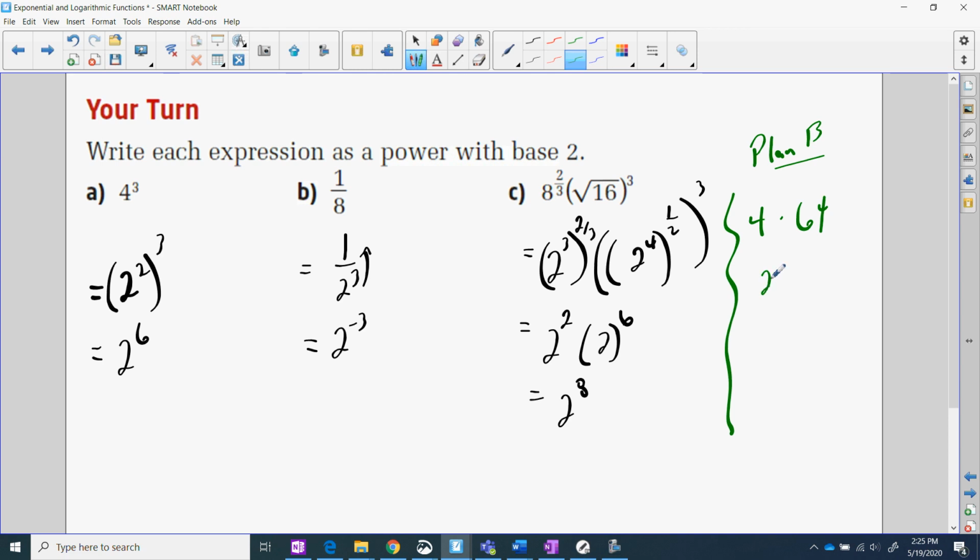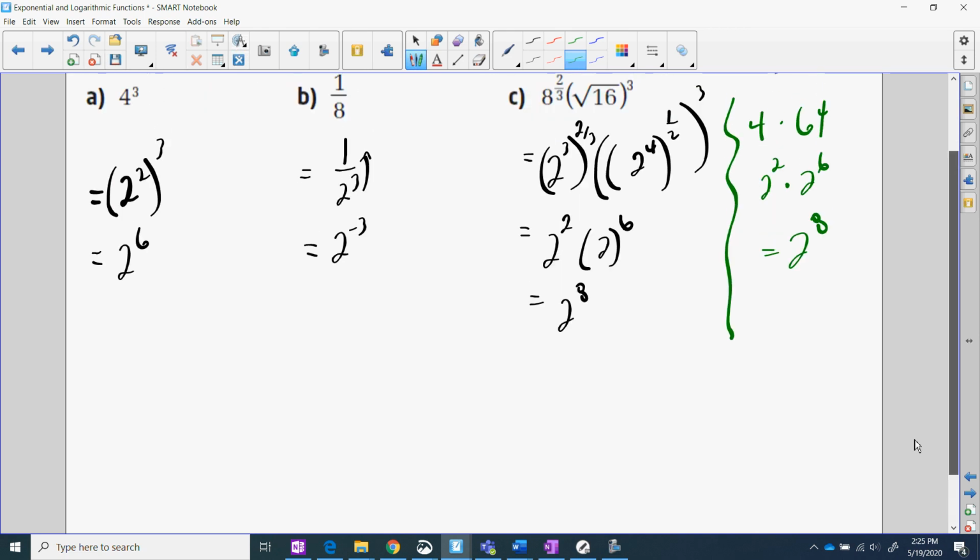Well, 4 is 2 squared. 64 is 2 to the 6th. Multiplying, you add the exponents. There's a plan B. That also worked. Regardless, in all situations, we just have to make sure that we follow our laws of exponents. We'll eventually end up at the same place.